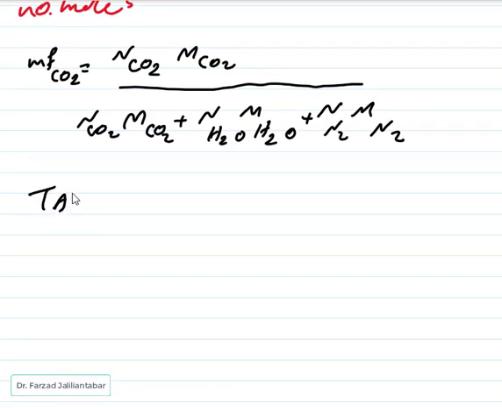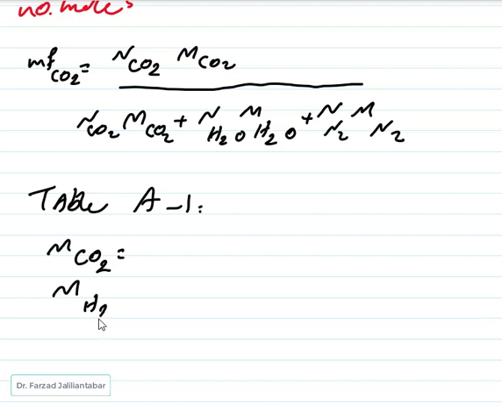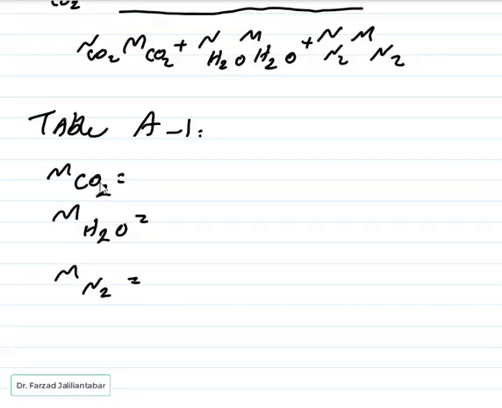From table A1, the molar mass of this material: CO2, H2O, N2. Okay, from the table A1 we have this molar mass for these substances.